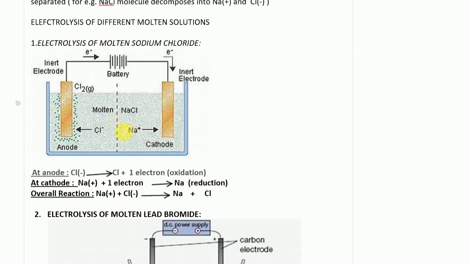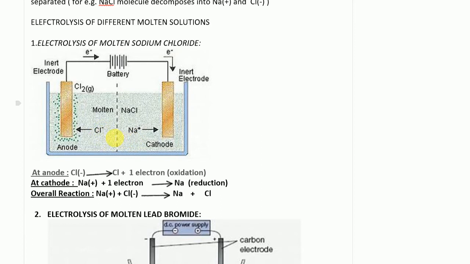In the molten solution of NaCl, what happens is that when we switch on the battery, there is a potential difference between the positively charged anode and a negatively charged cathode. Due to this potential difference, the molten NaCl breaks into positively charged Na+ and negatively charged Cl-.